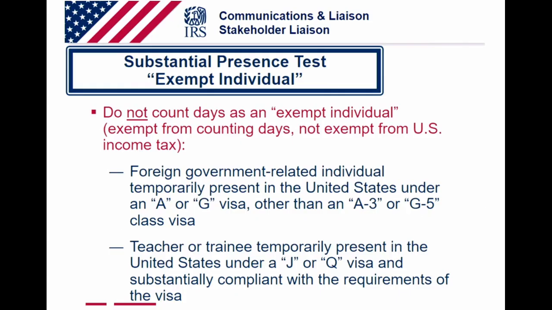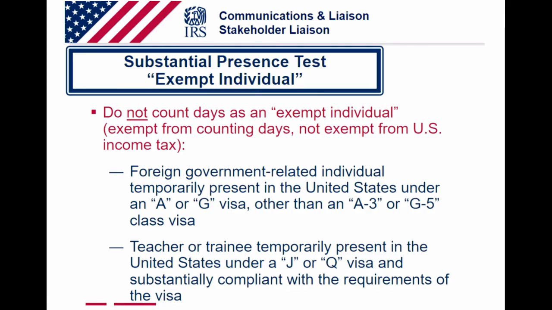Okay, so the days as an exempt individual do not count for purposes of the substantial presence test. The term exempt individual does not mean exempt from U.S. tax. It just means exempt from counting days present in the United States. And this will include an individual temporarily present in the United States as a foreign government-related individual who is under an A or G visa, other than individuals holding A3 or G5 class visas.